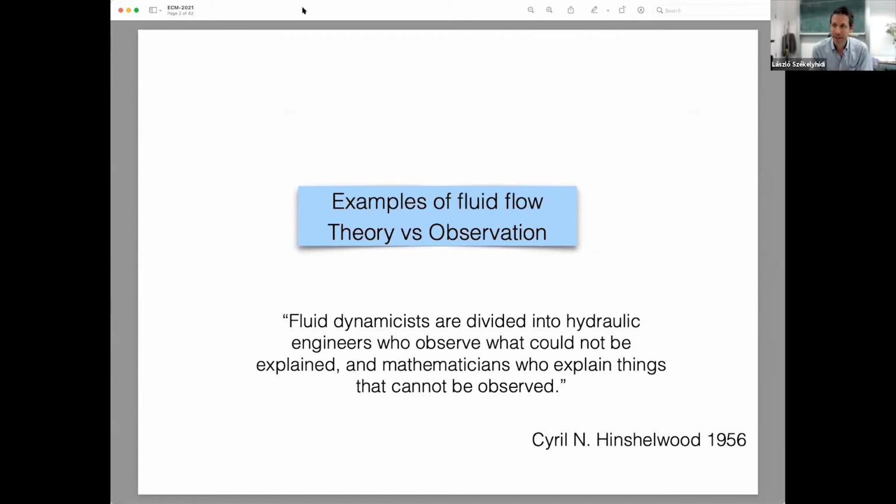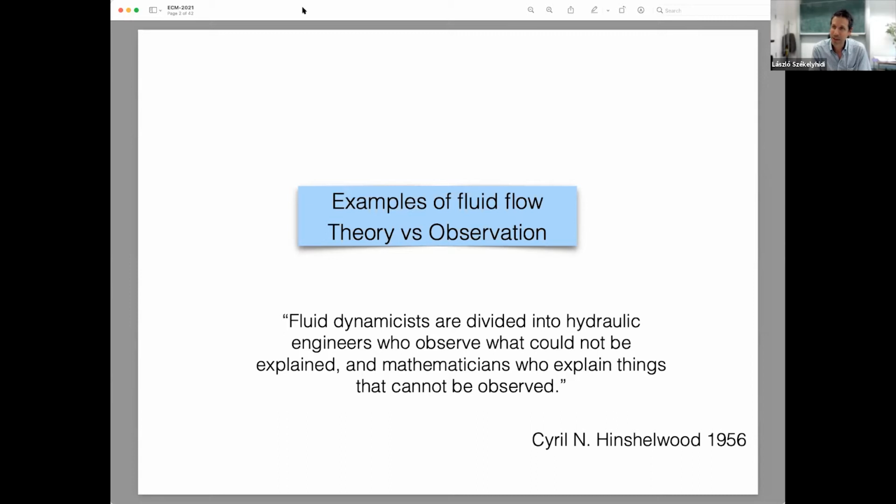To start the scene, let me start with this quotation from Cyril Hinshelwood, who I believe was at Oxford University, who said that fluid dynamicists are divided into two classes: hydraulic engineers who observe what could not be explained, and mathematicians who explain things that cannot be observed.